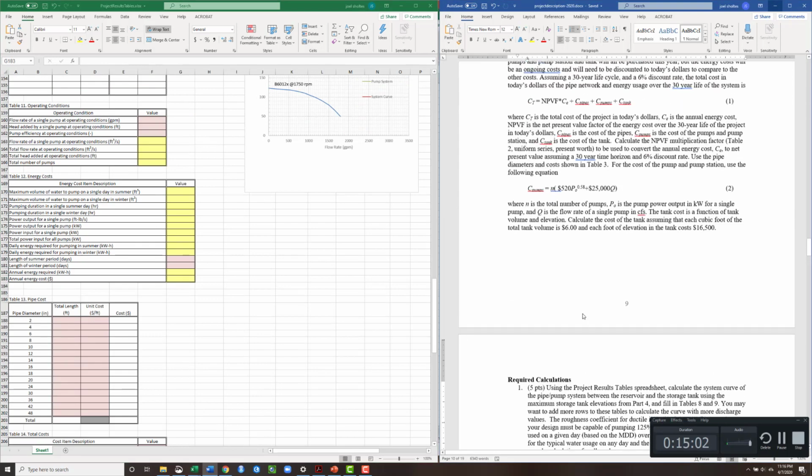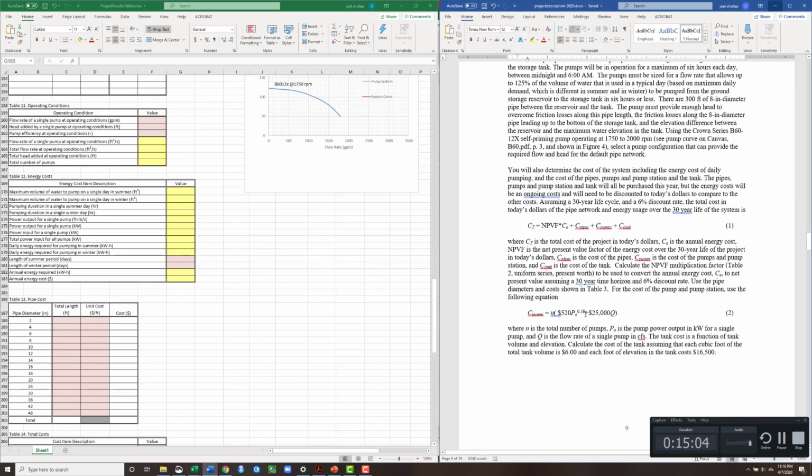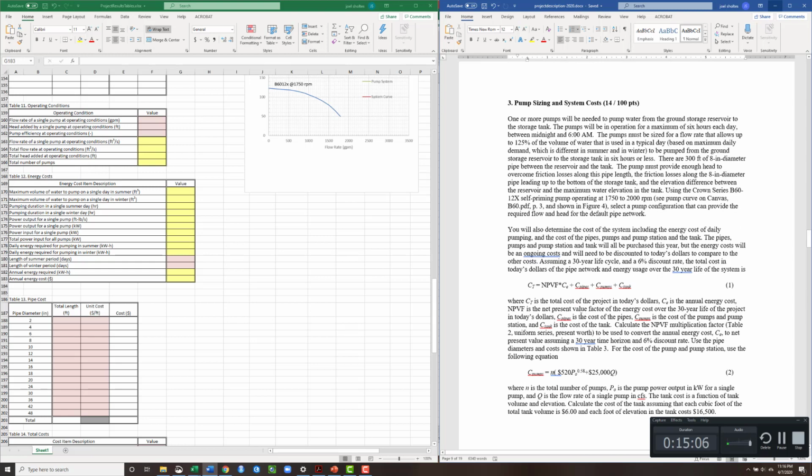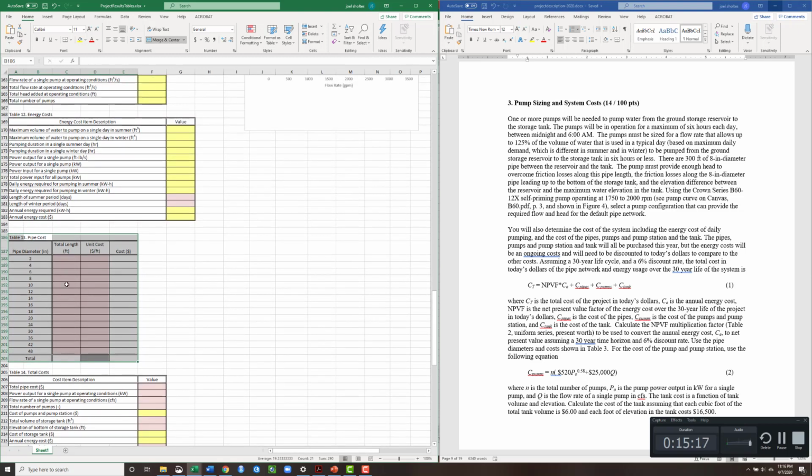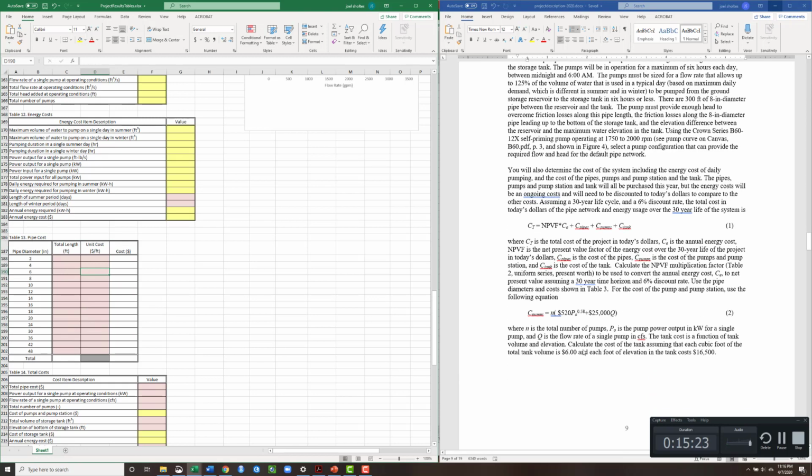And then finally, there's going to be a couple other costs that you'll calculate. So you will do pipe costs. And so that'll be the number of pipes that we have of a certain length, the unit cost per pipe, and then the total cost associated with that.